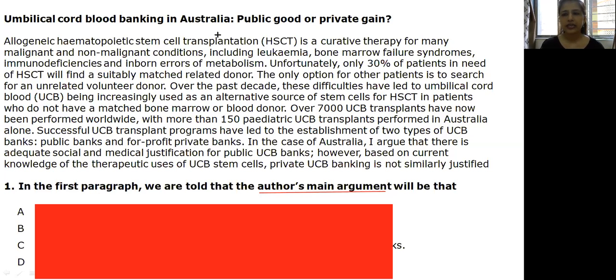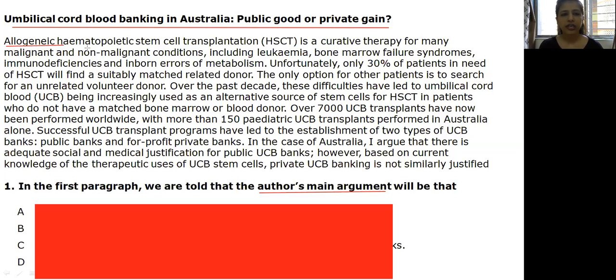So here you can see, because it is a topic that is not familiar to each of the professions taking the OET test. Maybe doctors would be more familiar with this, but if it was a physiotherapist or a pharmacist, they may not be very familiar about the concept of umbilical blood banking. So here they have mentioned what it is and why it is used.